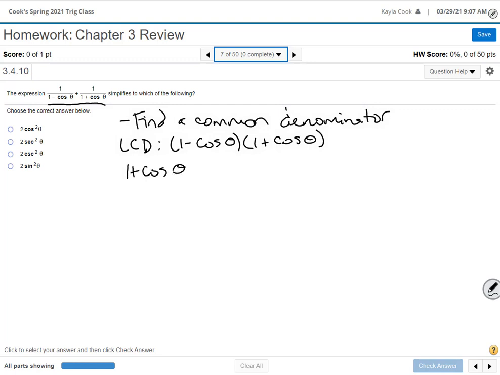So I get 1 plus cosine theta over 1 minus cosine theta, 1 plus cosine theta. And then the second term in my expression is missing the other factor of my least common denominator, and that's 1 minus cosine theta. So I'm going to multiply the numerator and denominator by 1 minus cosine theta.